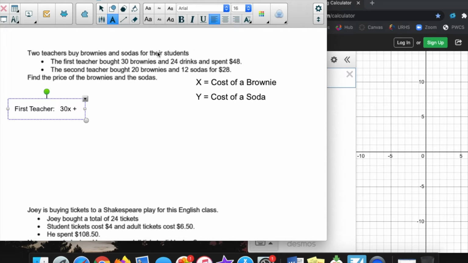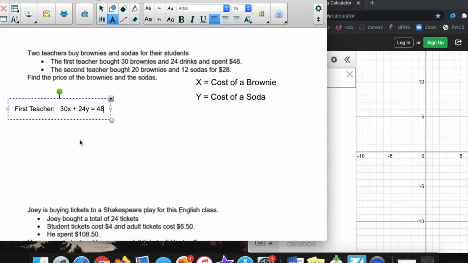Then something else that she bought to add to this total is these 24 drinks, these sodas. We don't know how much an individual soda costs, but similarly it's 30x plus 24y, because just the amount that she spent on sodas would be the 24 she bought times the amount that they cost individually. Those two amounts add to that $48 total that she spent.